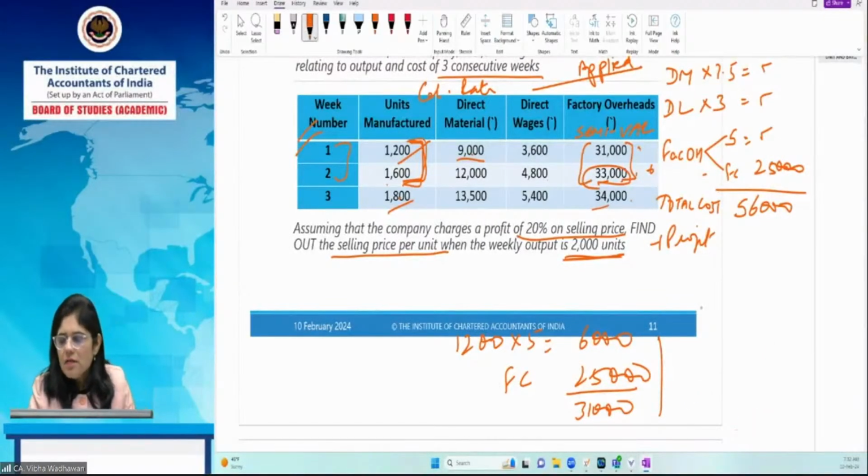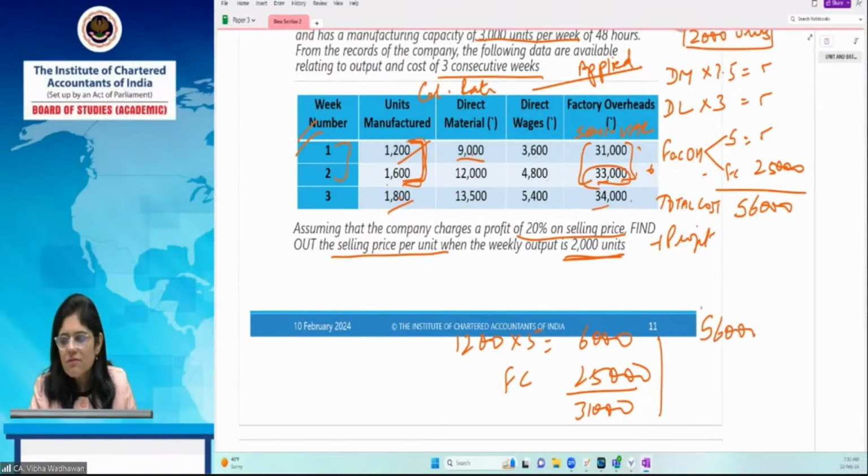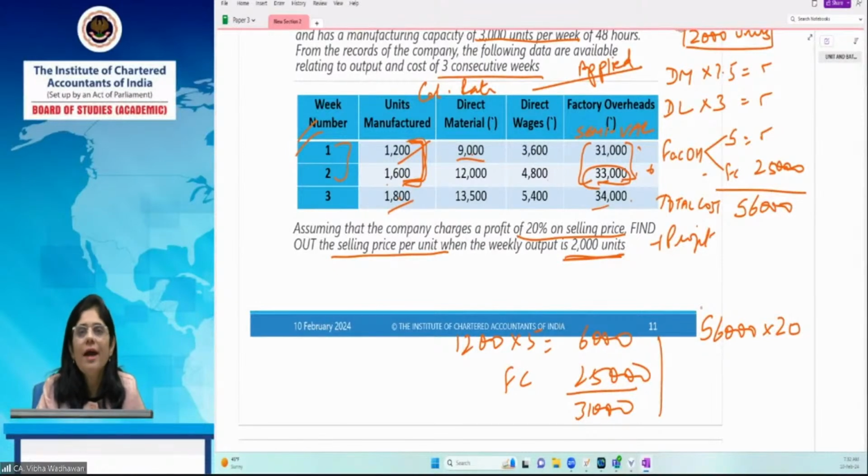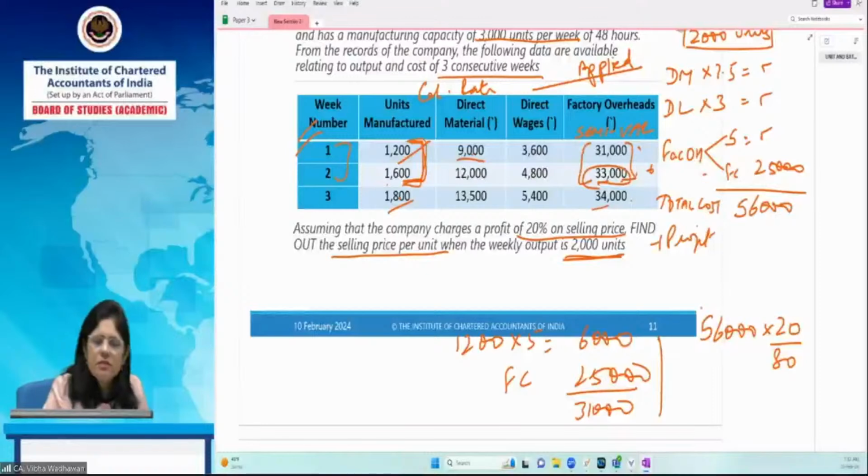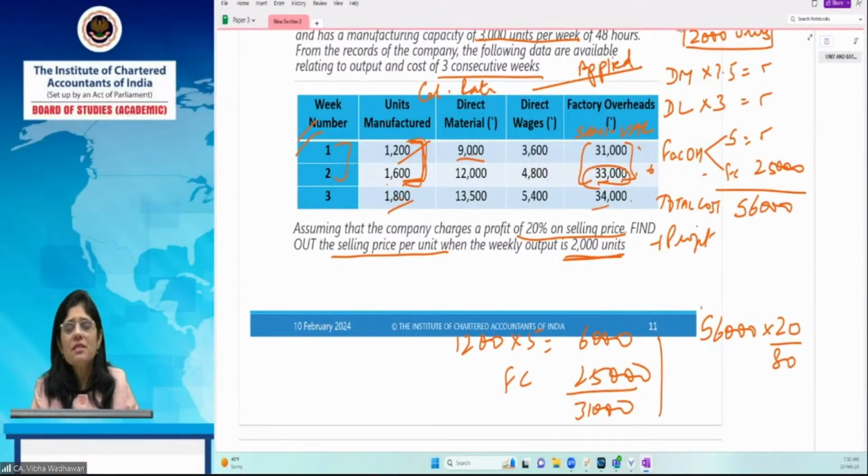All right. So 56,000 will be the cost, and profit is 20% on selling price, but you have to calculate on cost. So it will be 20 by 80, that means 1 by 4. Clear? So if profit is 20% on selling price, it becomes 25% on cost.